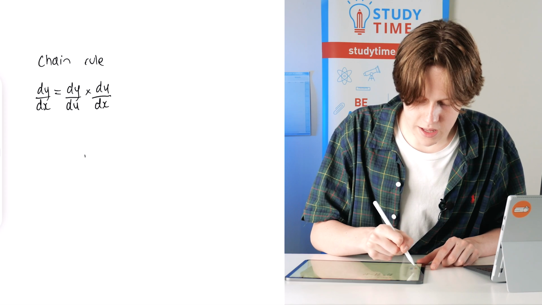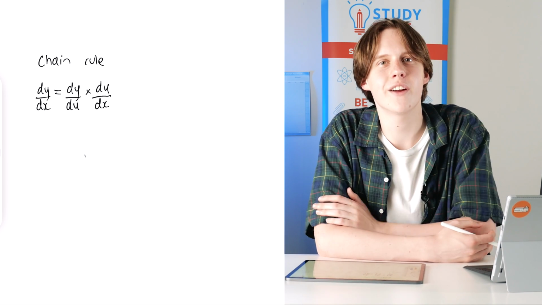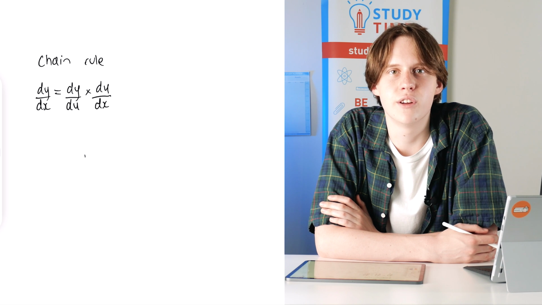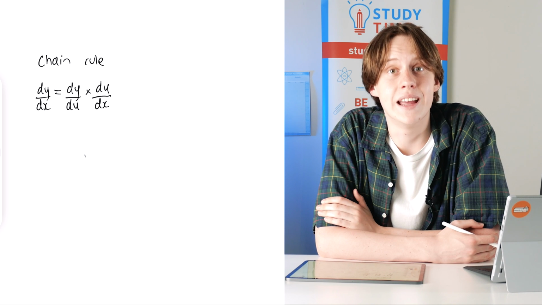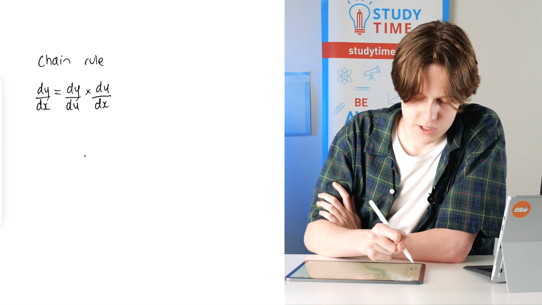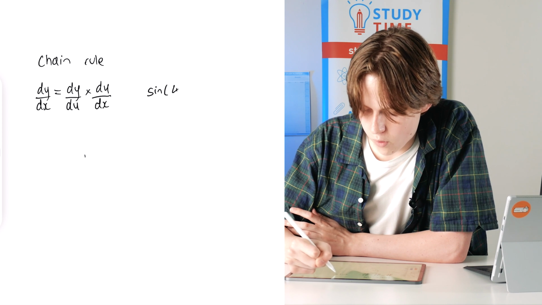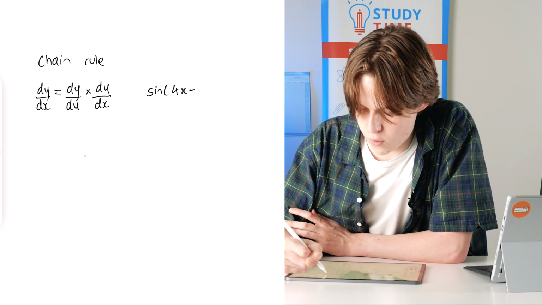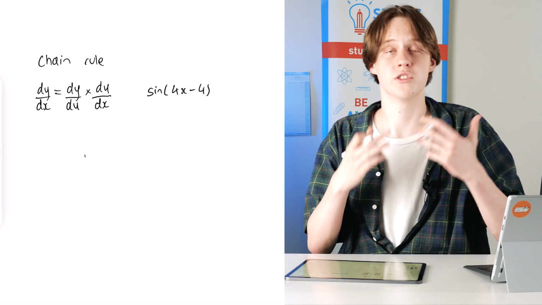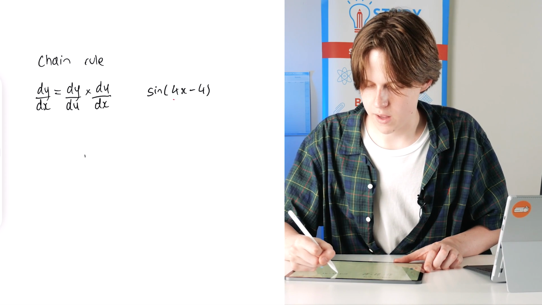So we introduce this new variable u, which looks kind of scary, right? But really, it is just another way to express the inside function of a given function. So if I were to say that we had sine of 4x minus 4, well, the outside function is just sine, and the inside function is going to be this bit.